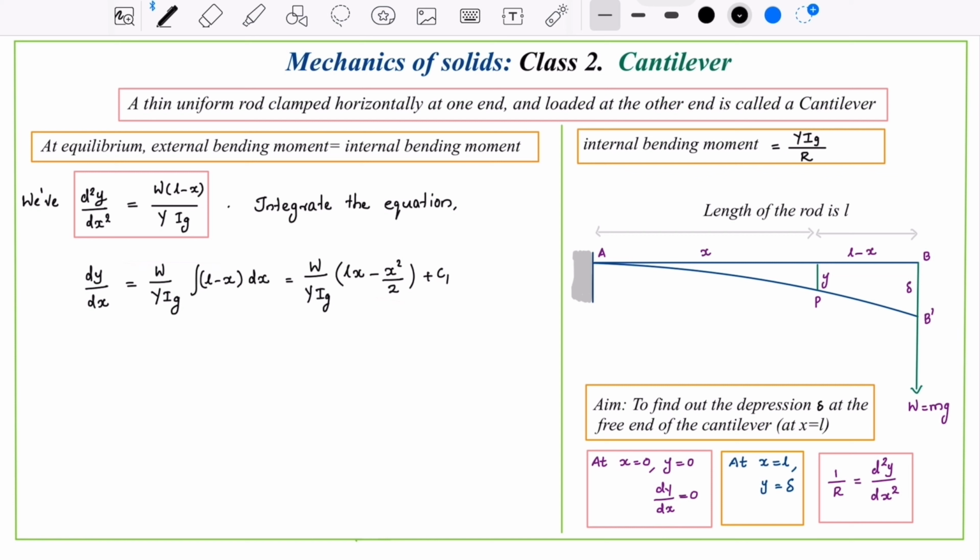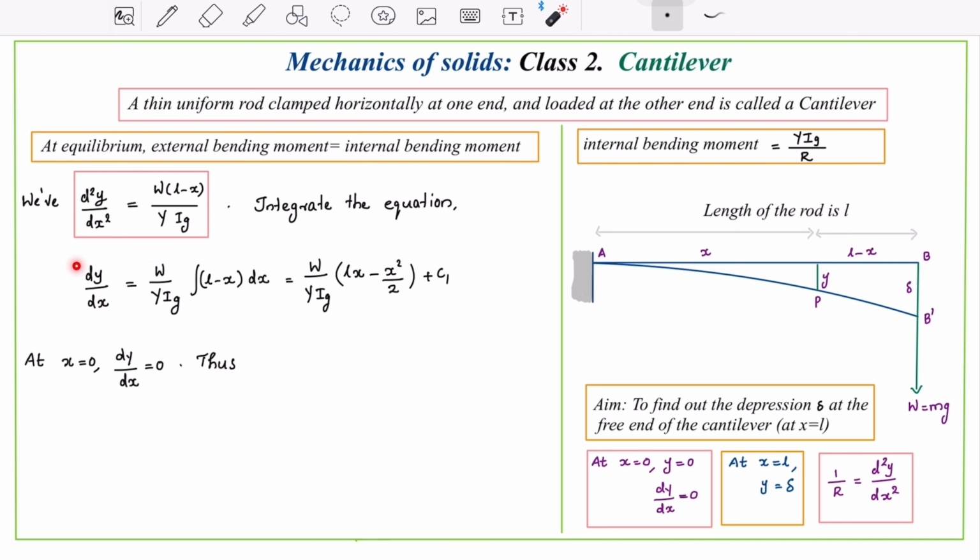Now let us evaluate C1. What is the value of C1? To find that, use the boundary condition, that is at x is equal to 0, dy by dx is equal to 0. That is at the clamped end or at the fixed end, x is equal to 0 and dy by dx is also equal to 0.